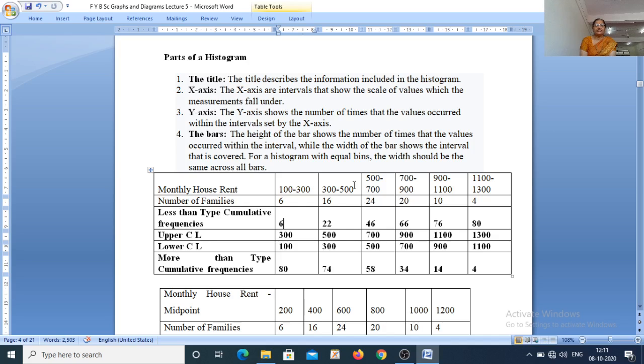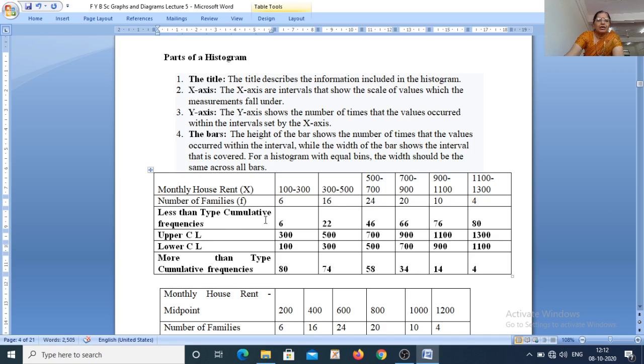We observed 6 such families. Here this is the monthly rent in rupees, and the number of families is written here. So here x is your variable, which we call monthly house rent, and your number of families is denoted by F.